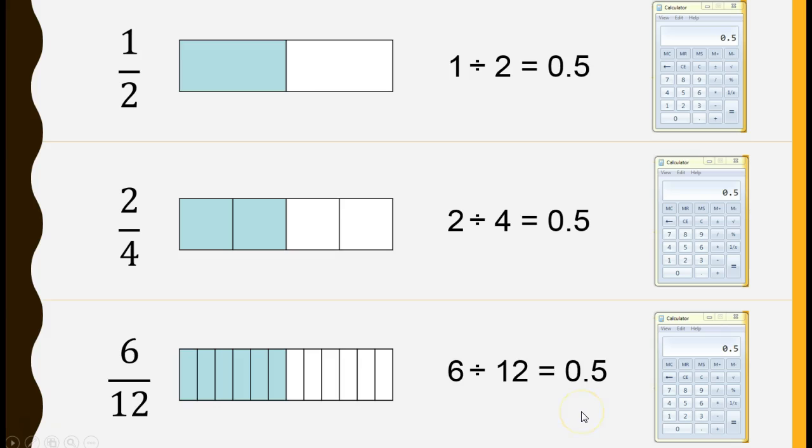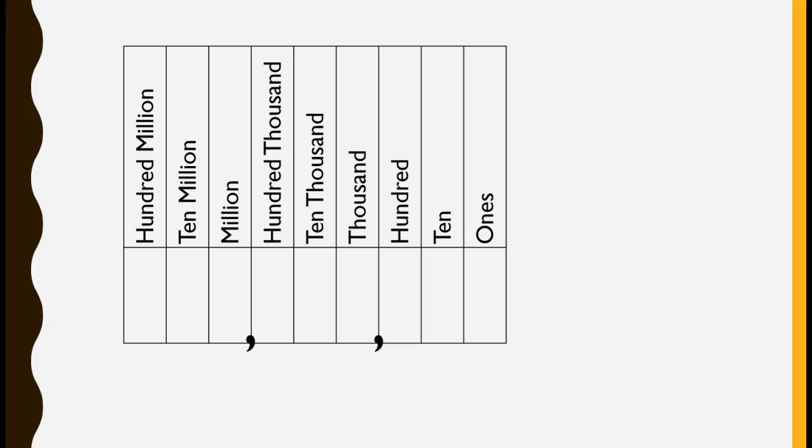That is really helpful when comparing fractions, so don't forget that. We're going to go into comparing decimals a little bit later in our next video. So for now, let's go ahead and take a look at how we can read and write decimals.